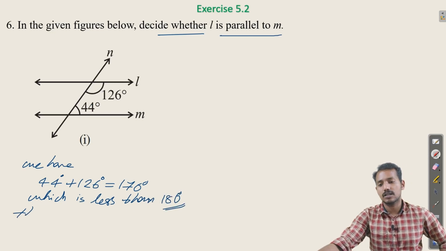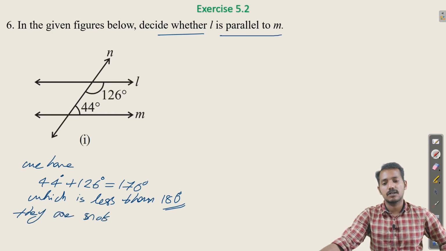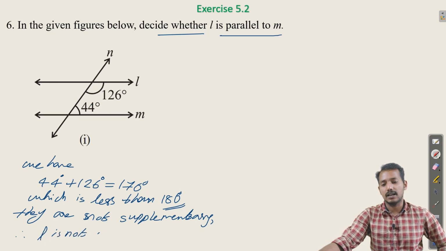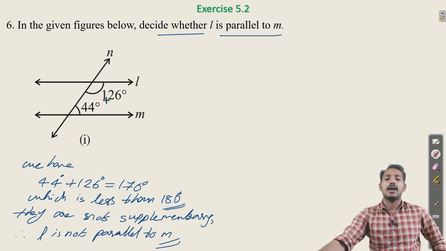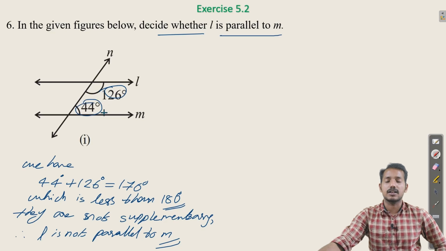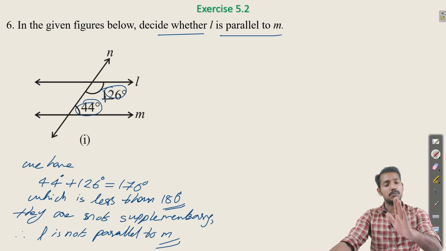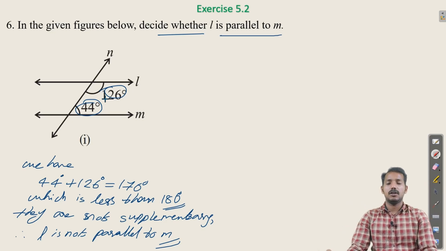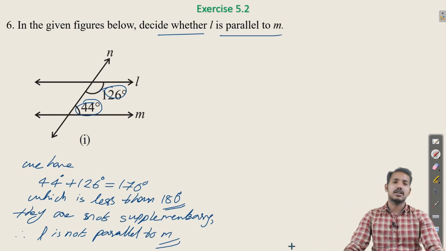So they are not supplementary. Because they are co-interior angles, interior angles on the same side of the transversal, they should be supplementary if L is parallel to M. But here they are not supplementary, so L is not parallel to M.